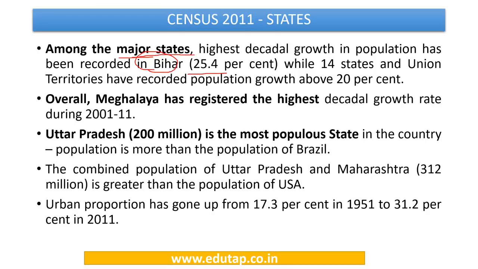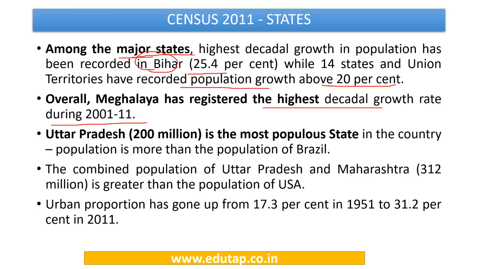While 14 states and union territories have recorded population growth above 20%. Overall, Meghalaya has registered the highest decadal growth rate during 2001 to 2011. So earlier we were referring only to bigger, major states, but if you look at the overall picture, Meghalaya has registered the highest decadal growth rate.